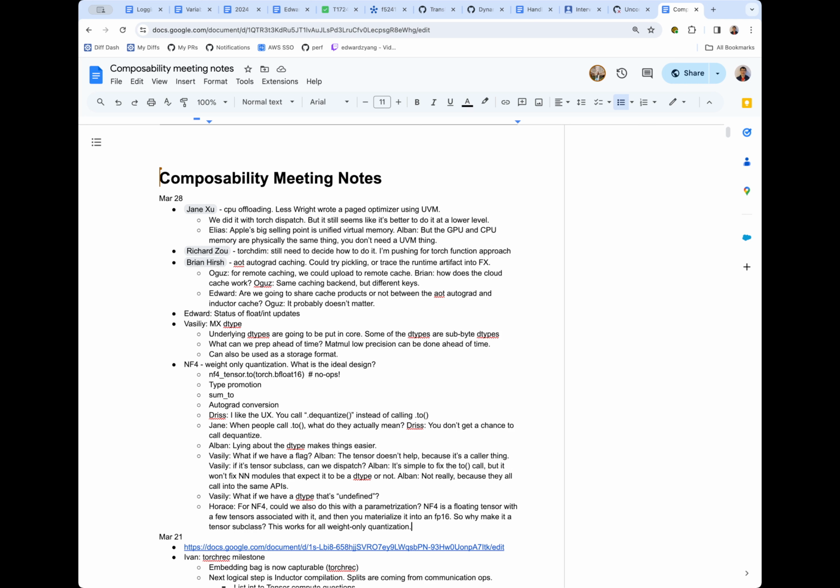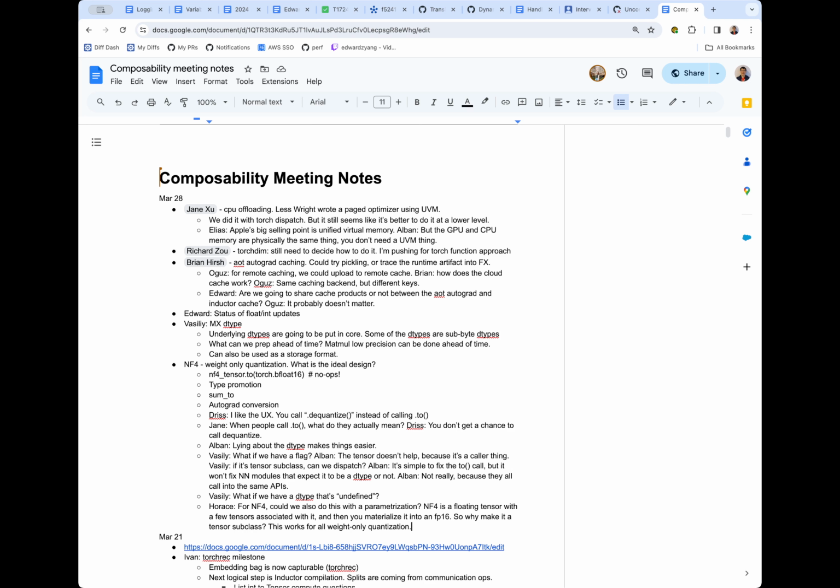Maybe my moral POV is that, in some sense, we were discussing what is the morally correct thing to do for something like this. And my opinion is that it does not have to be a tensor subclass.